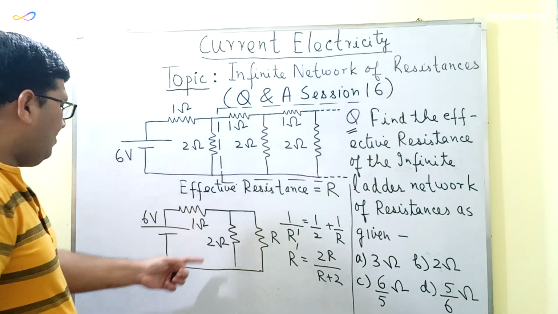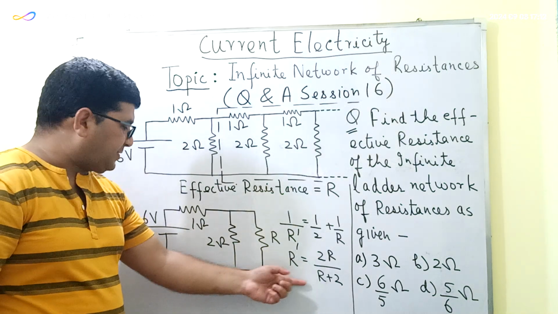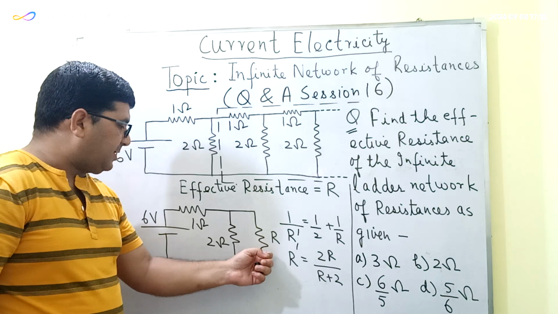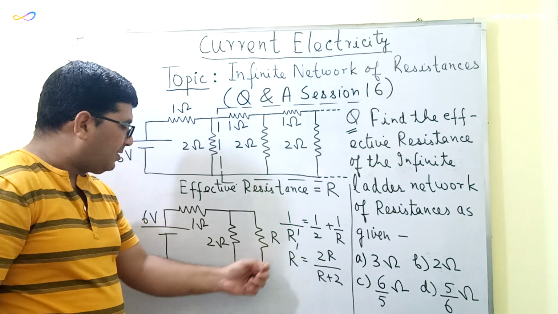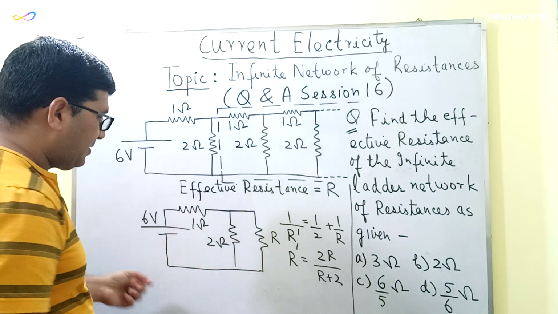Now this equivalent resistance of this 2 ohm resistor and this resistor having a value of R will be in series with this 1 ohm resistor.